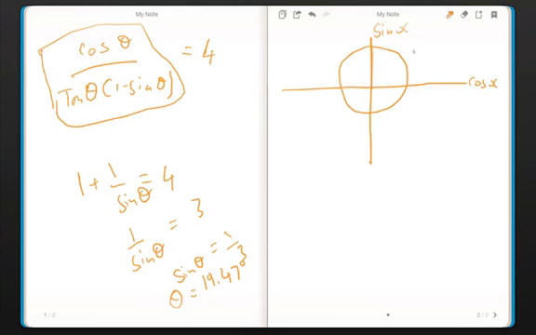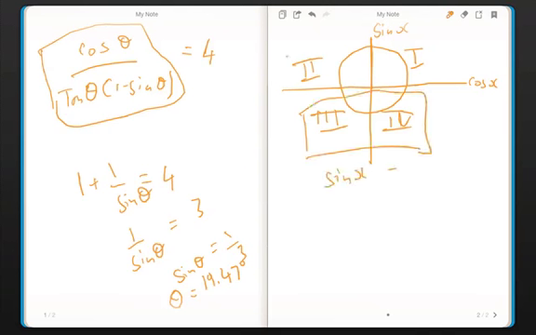On quadrant number 1 and quadrant number 2, sine x is positive. Quadrant number 3 and quadrant number 4, sine x is negative. So we have a positive answer over here. That means our angle is somewhere over here, 19.47.